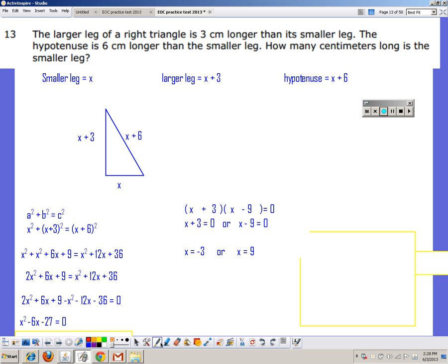Once again, since this is a triangle, we can only use the positive values, not the negative. There's no such thing as a negative 3 centimeters long. So obviously x equals 9 for the smaller leg. If they ask for the larger leg, it would be 9 plus 3, which is 12. And the hypotenuse would be 9 plus 6, which is 15.